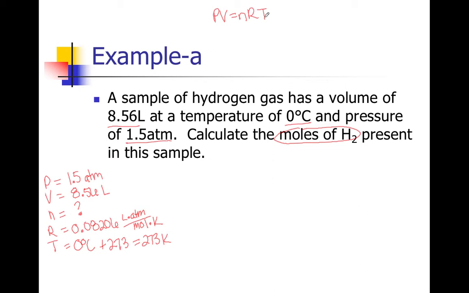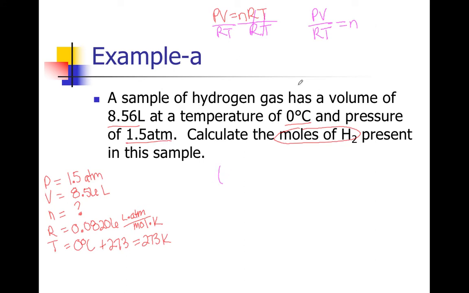So if I solve this for the variable I'm looking for before I plug any numbers in, that saves me a little bit of time and work. So we want to get n by itself. We need to divide by RT on both sides. We cancel out RT on the right, and so our new equation is PV divided by RT is equal to n.